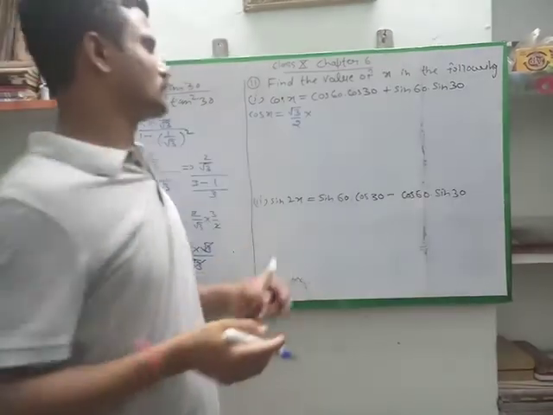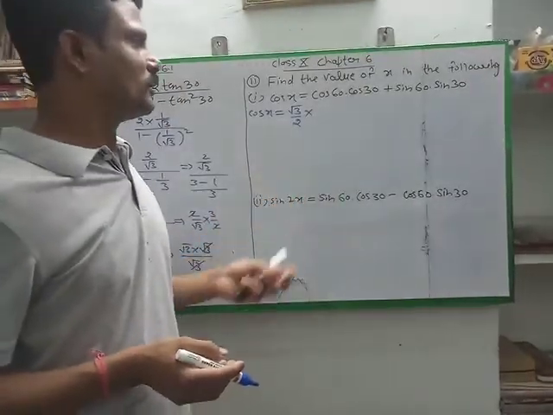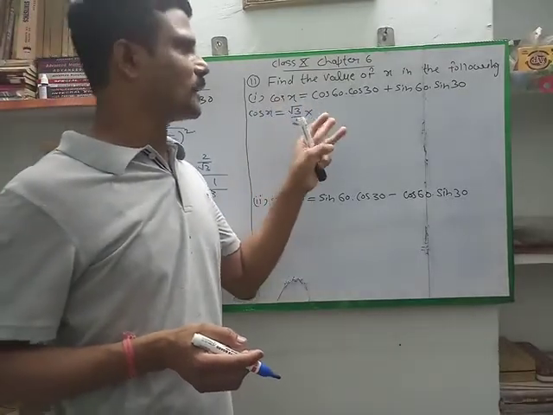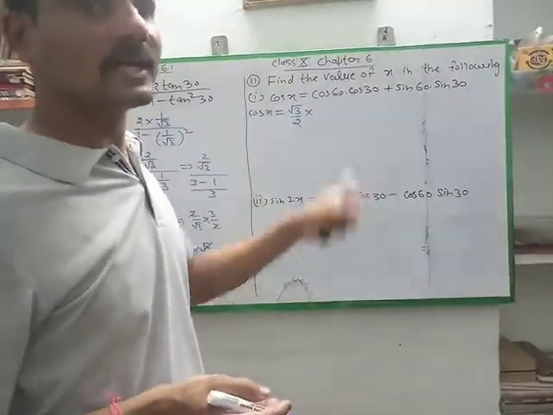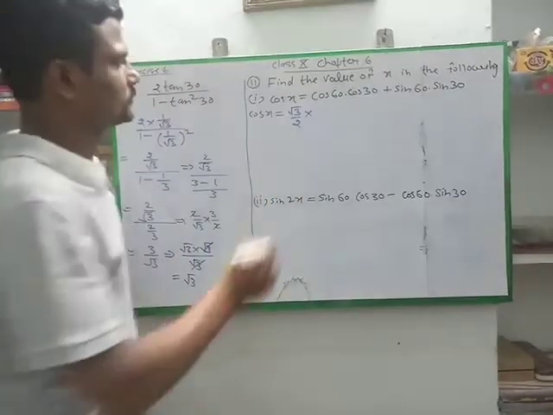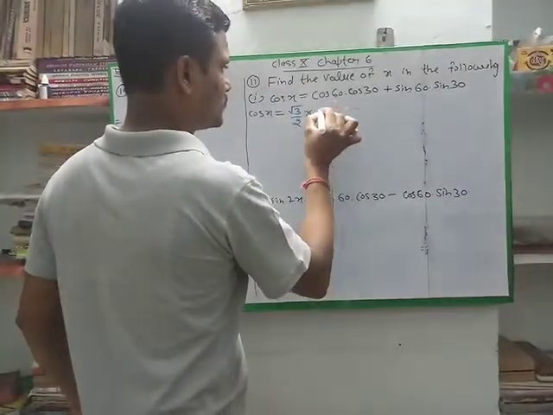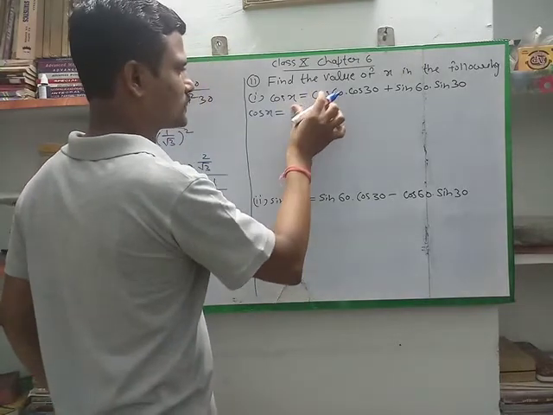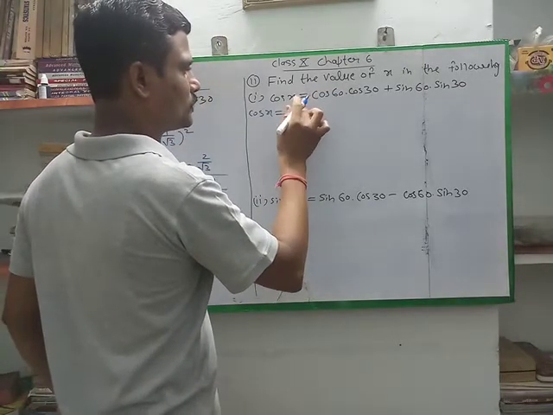But you cannot solve these questions if you don't learn the values, so learn the values first. Cos 60 is 1 by 2.